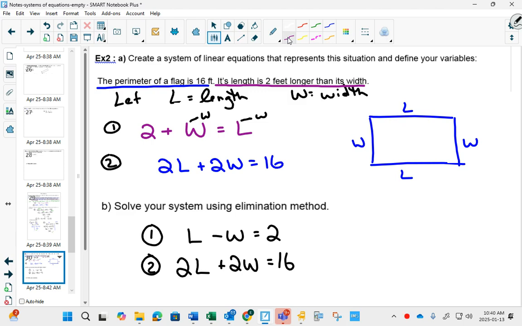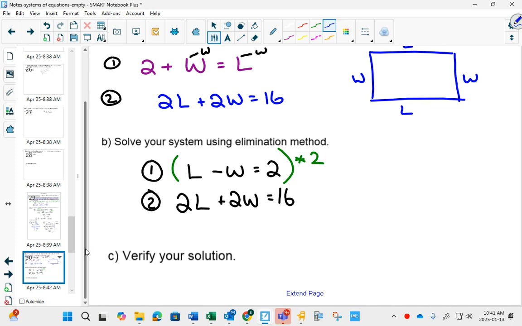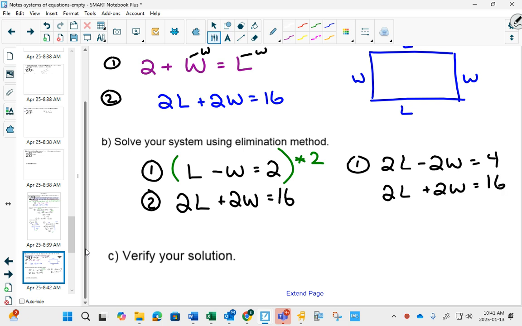Now I need to eliminate something. I'm going to choose to eliminate the W's, because all I would have to do is multiply equation 1 by 2, and my W's would have the same number in front, but one would be positive, one would be negative. So now my equation 1 is 2L minus 2W equals 4, and equation 2 is 2L plus 2W equals 16.